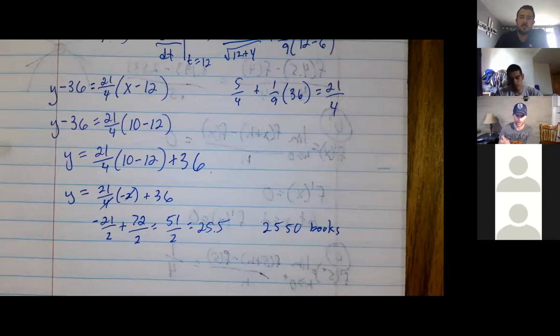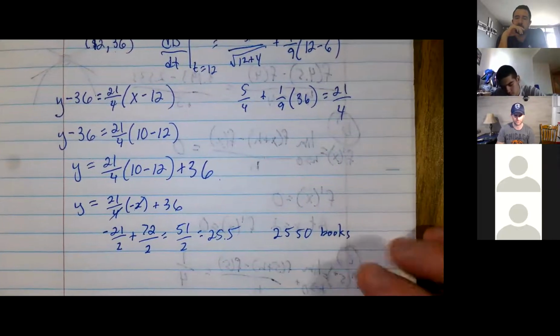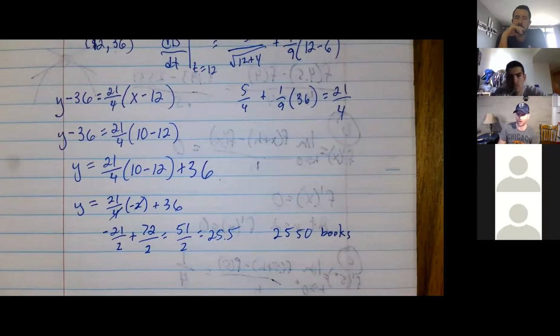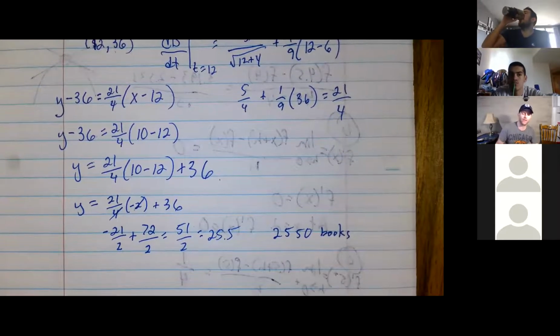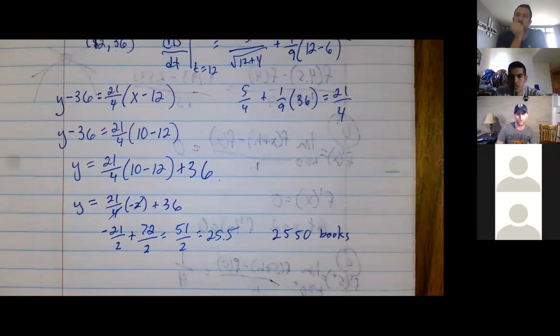Any questions on part A? I didn't realize that I had to do the hundreds of books. All right, as far as the rubric goes, they didn't say anything about units, so it is possible that they would give 2 points for just getting the 25.5, because they are going to hold you accountable to units in part B, and there's kind of a separate question for that.